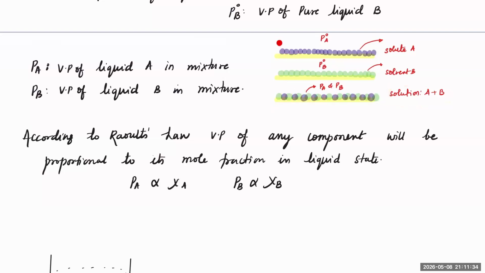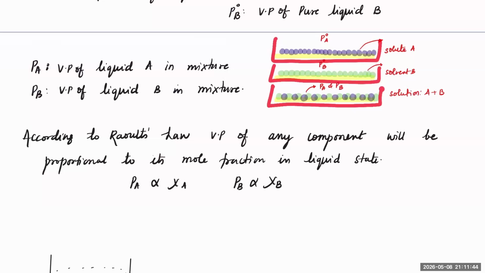You can notice the surface area is fixed, the same surface area if you take each liquid in the same container. In that case, compare P naught A in the first case versus PA in the third case, or P naught B in the second case versus PB in the third case.